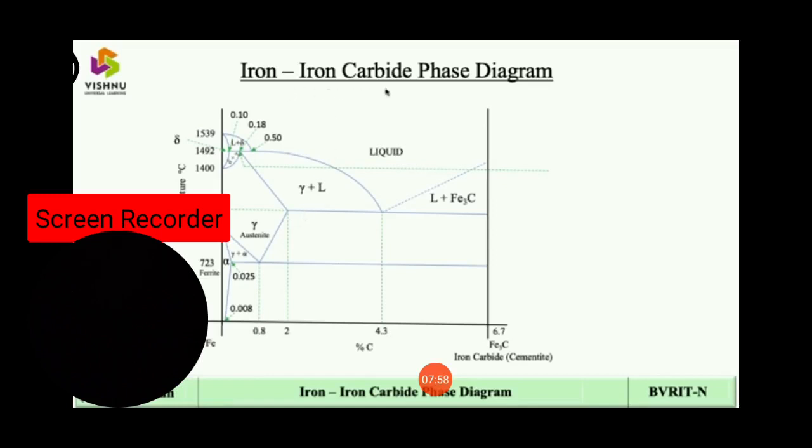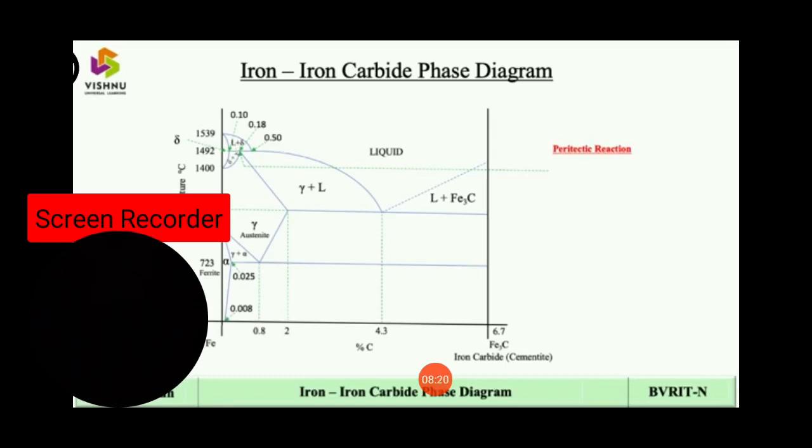So in the iron carbide phase diagram, we have three invariant reactions represented by three horizontal lines, where we get the invariant reactions. The first invariant reaction we call a peritectic reaction.